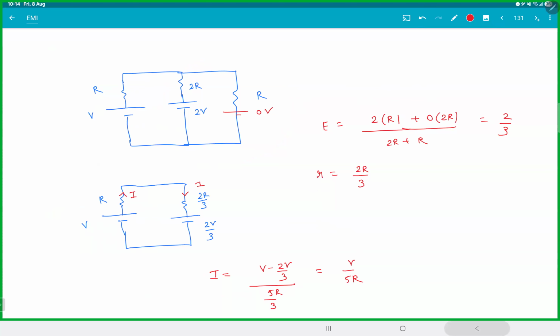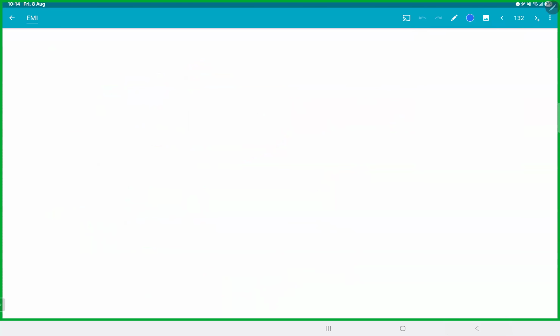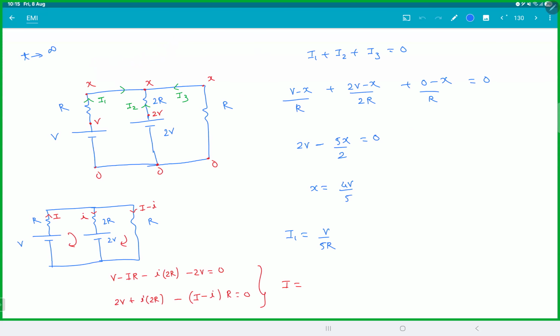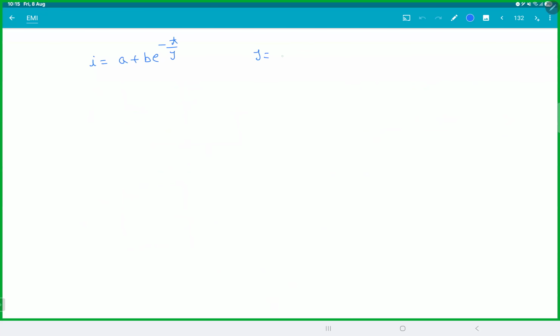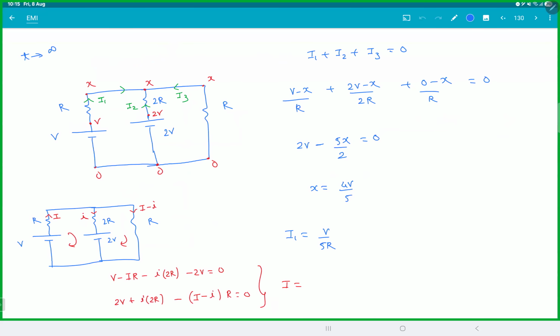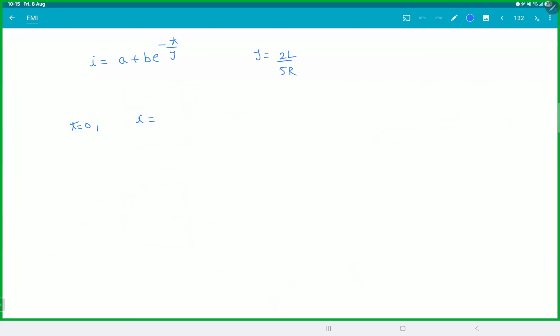Now let's solve. I is equal to A plus B times e power minus t by tau. Tau is equal to 12 by 5R. At t equals 0 current I will be V by 2R. At t infinity current is V by 5R.